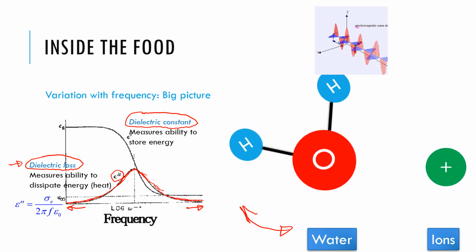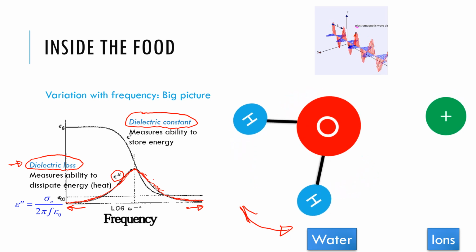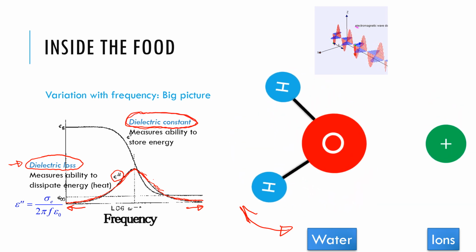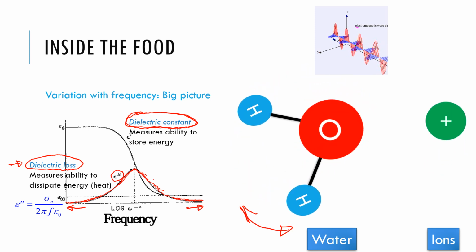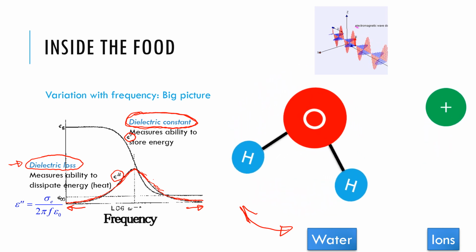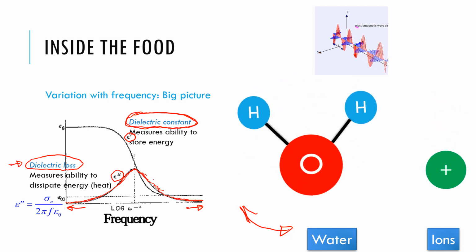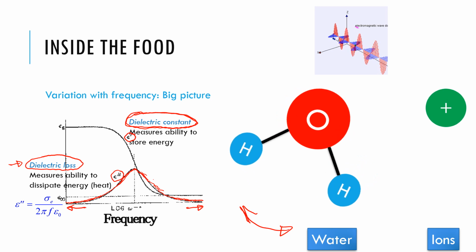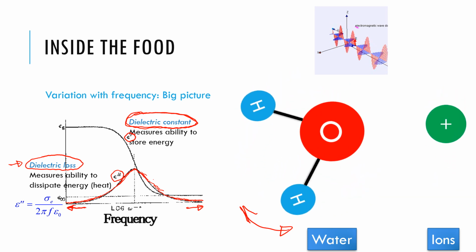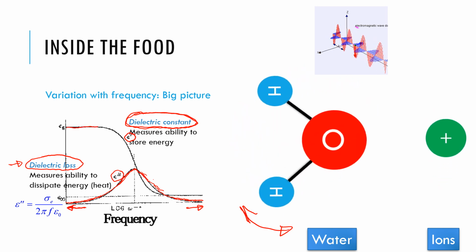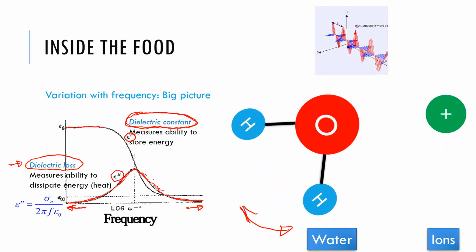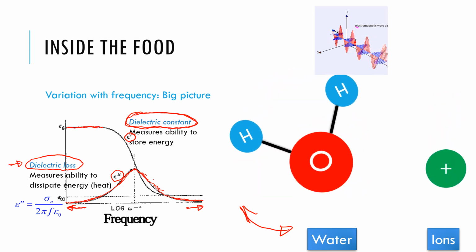The other property, dielectric constant, which by the way is represented by epsilon prime, measures the ability to store energy. So at the low frequency range, it's able to follow the field and thereby store energy. So this property has the highest value at this low frequency range.